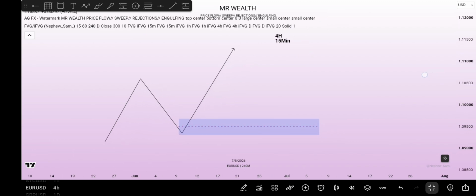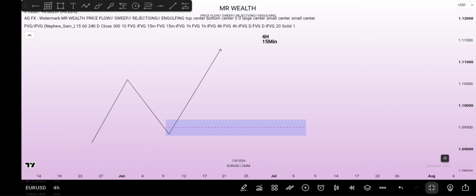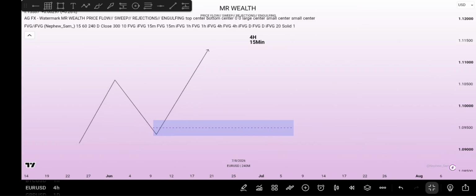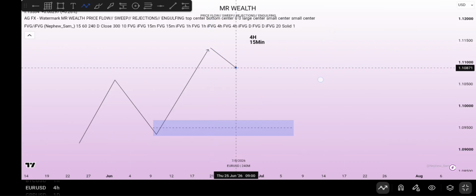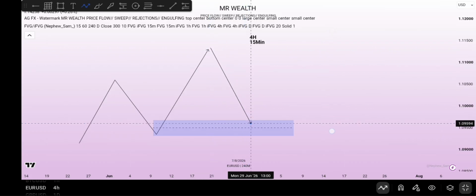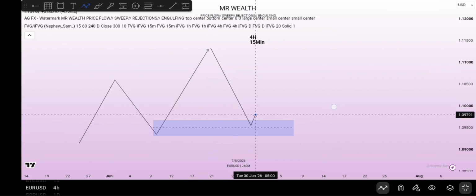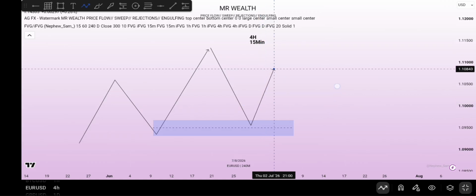In the 4 hours time frame, all you need is for the market to drive down to a liquidity pool. A liquidity pool is where institutions have placed an order before.